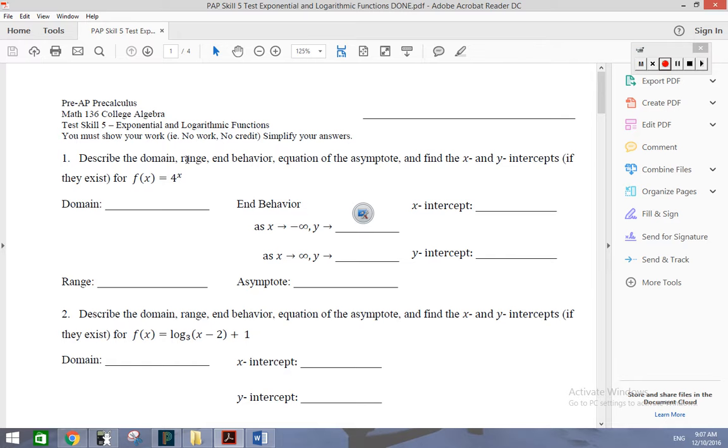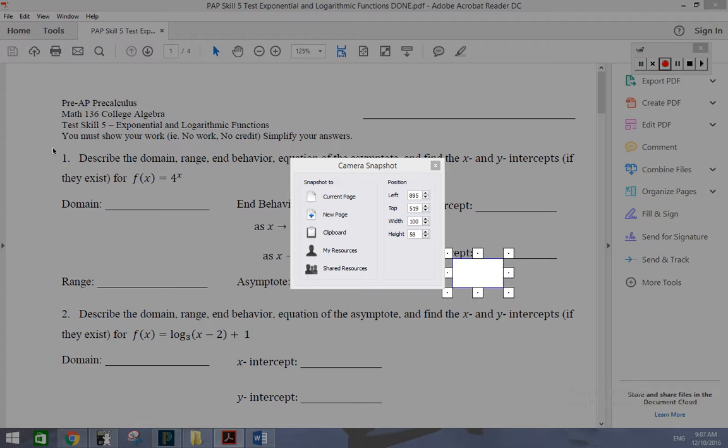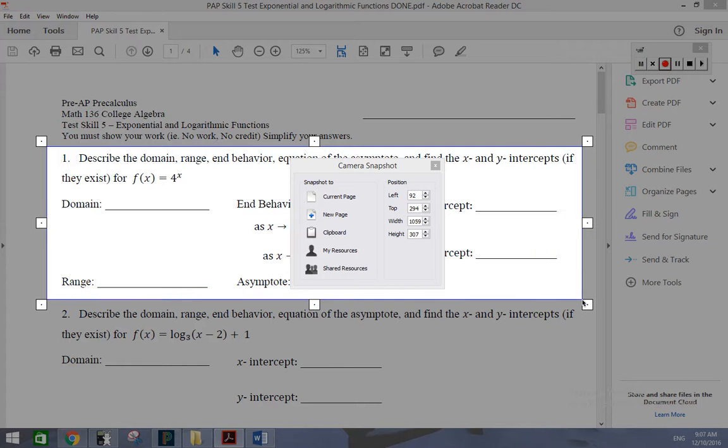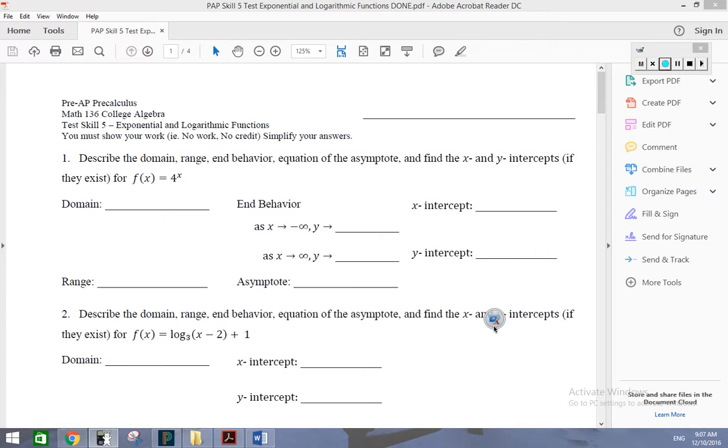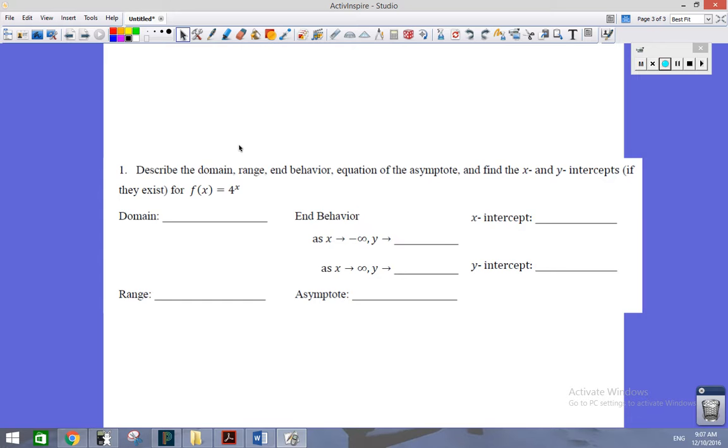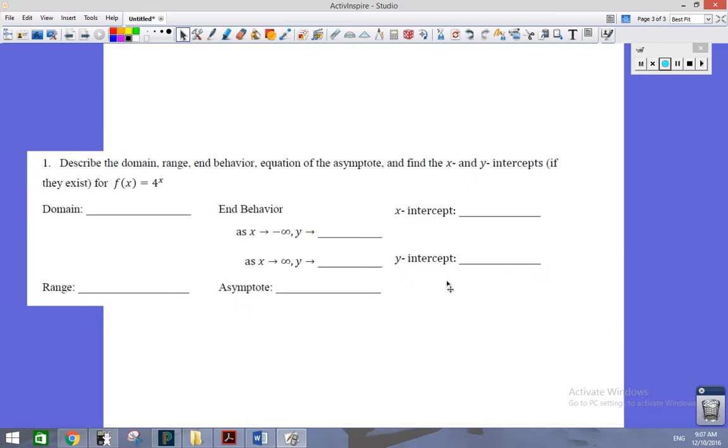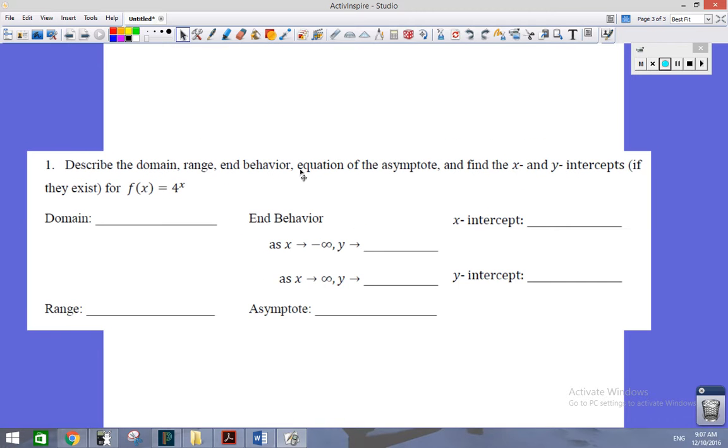All right, so let's do these problems 1 and 2 on the same video. So we have an exponential function. For any exponential function, the domain is always all real numbers. For this exponential function, the base is bigger than 1.